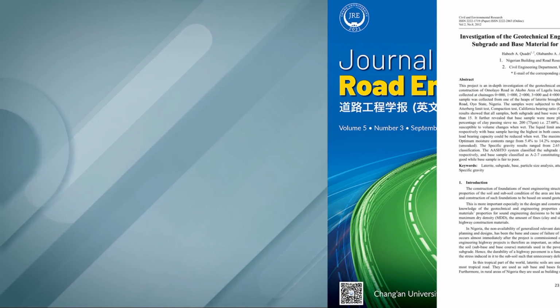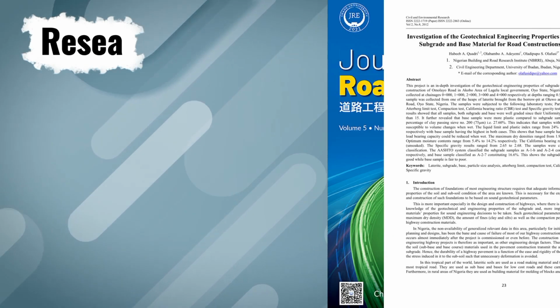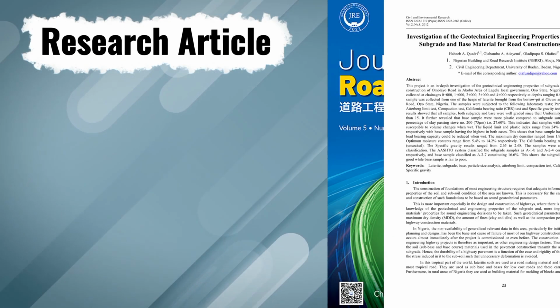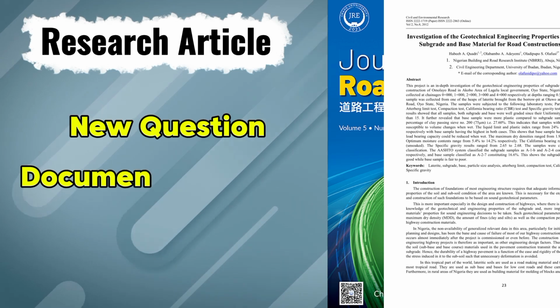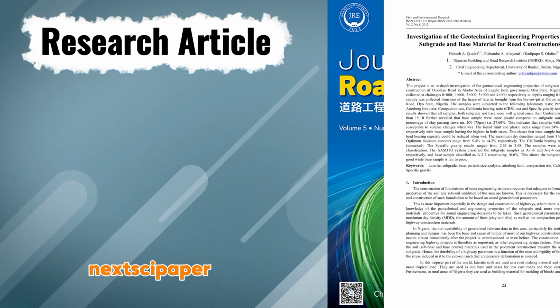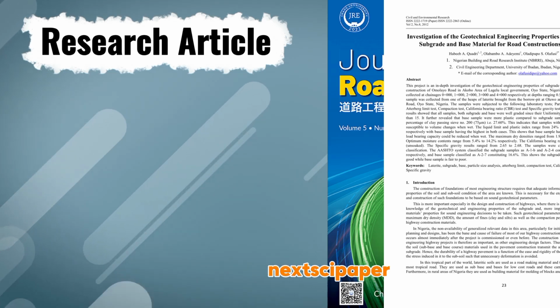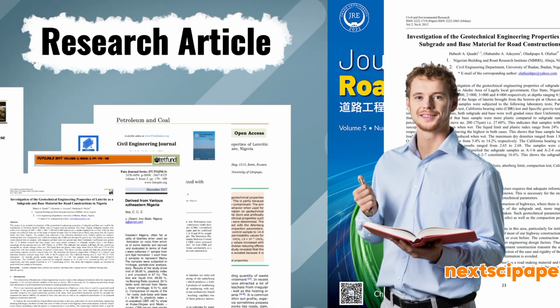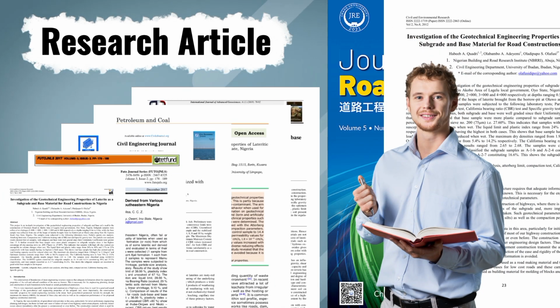Such a publication is what we call a research article, the product of a new question, a documented method, and formal dissemination. But sometimes, instead of posing a new question, a researcher gathers all past studies in a specific field, for example, speed bumps, analyzes and categorizes them, and publishes the findings as a scientific article for the purpose of education or decision-making.